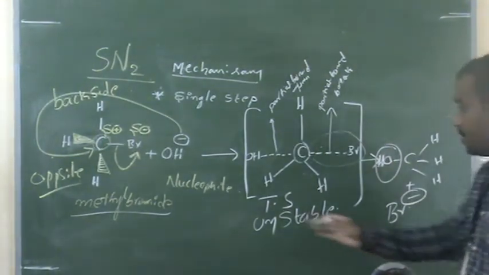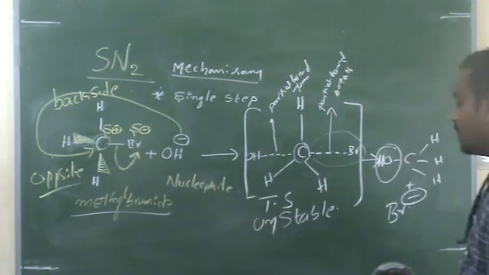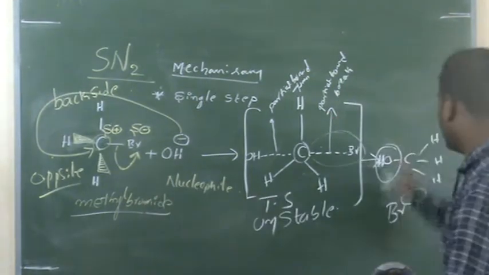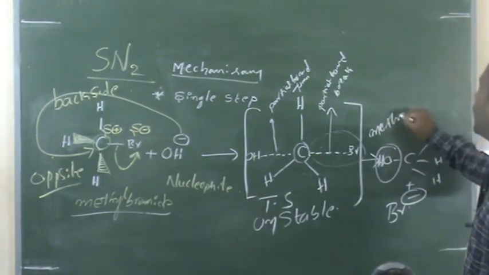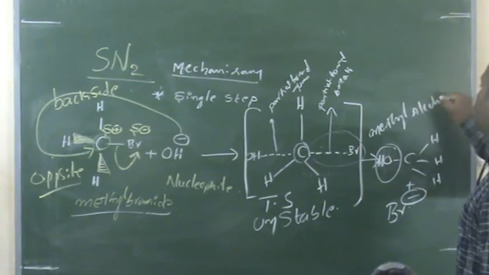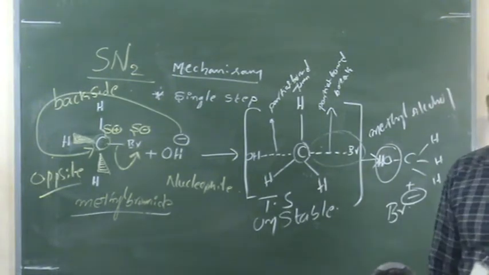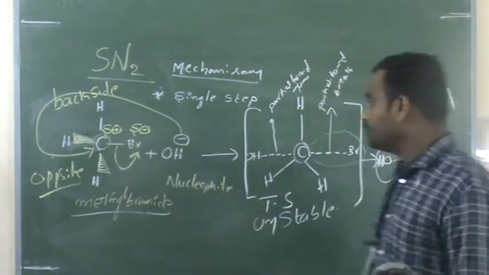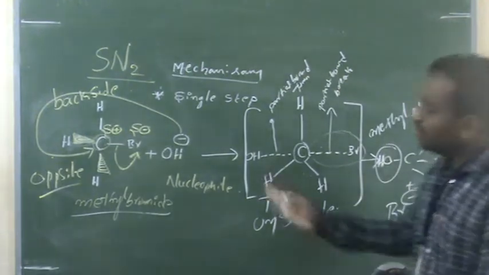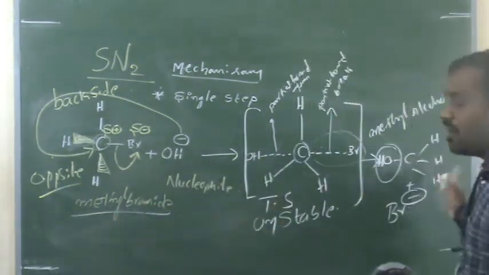That's why, from reactant methyl bromide to methyl alcohol, there is a complete opposite configuration.